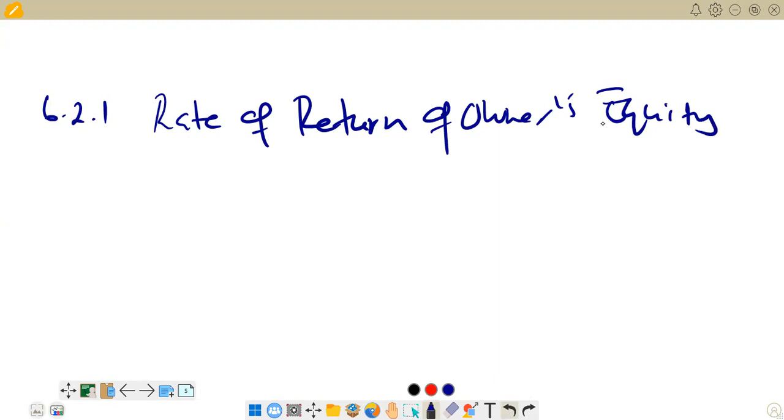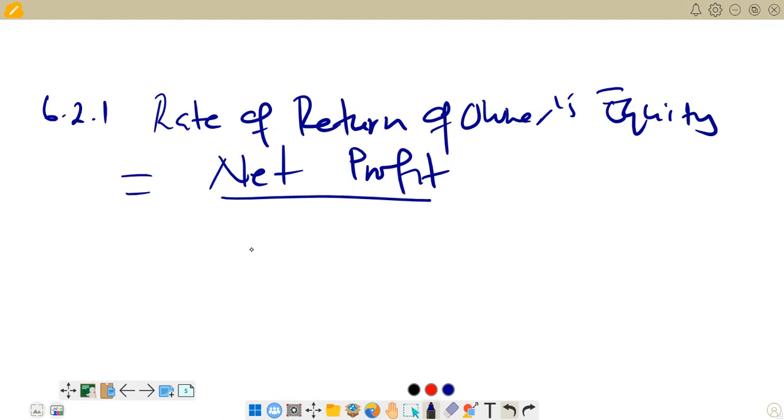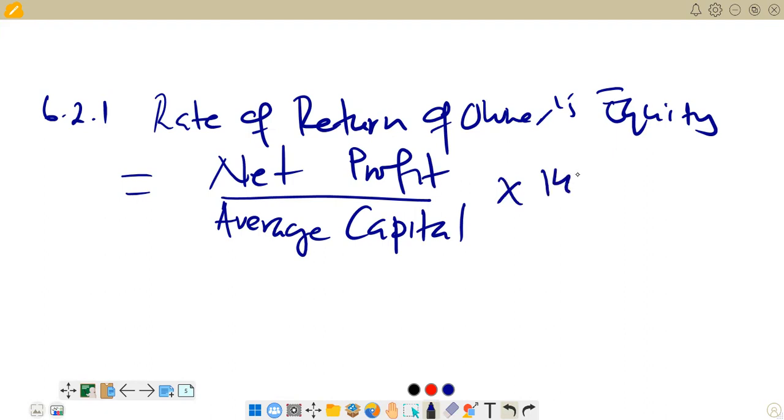So this ratio, the formula now to calculate this ratio, we say net profit, then we divide by average capital, then we multiply by 100 over 1.